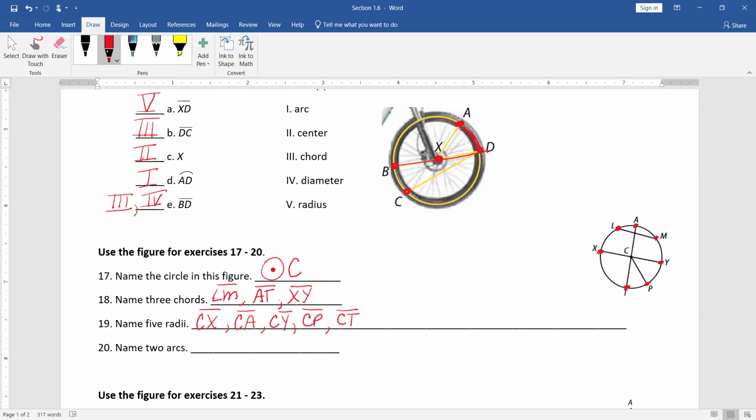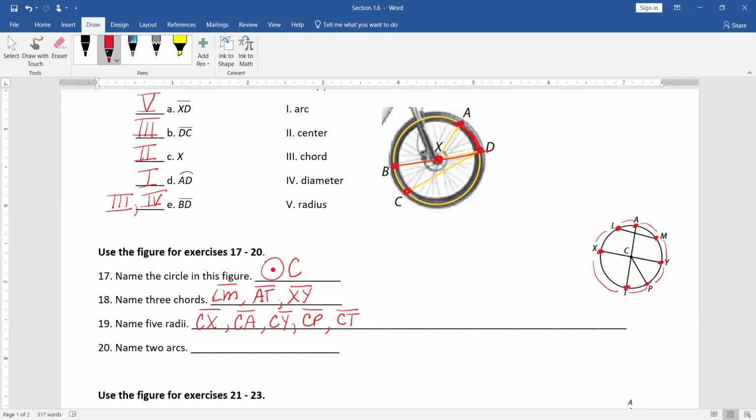All of those are arcs. So pick any of those, either this one, this one, this one, this one, this one, this one, this one. So you have what? 1, 2, 3, 4, 5, 6, 7. Forgot where I started. 1, 2, 3, 4, 5. Yeah, you have 7 different arcs.